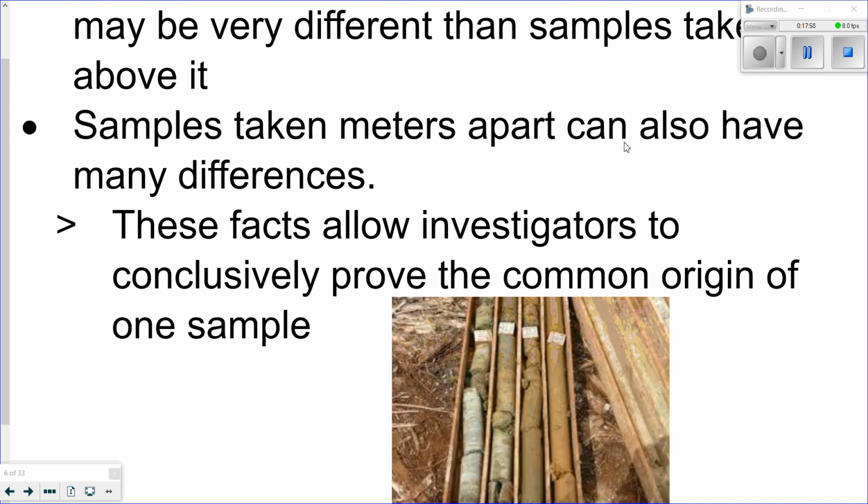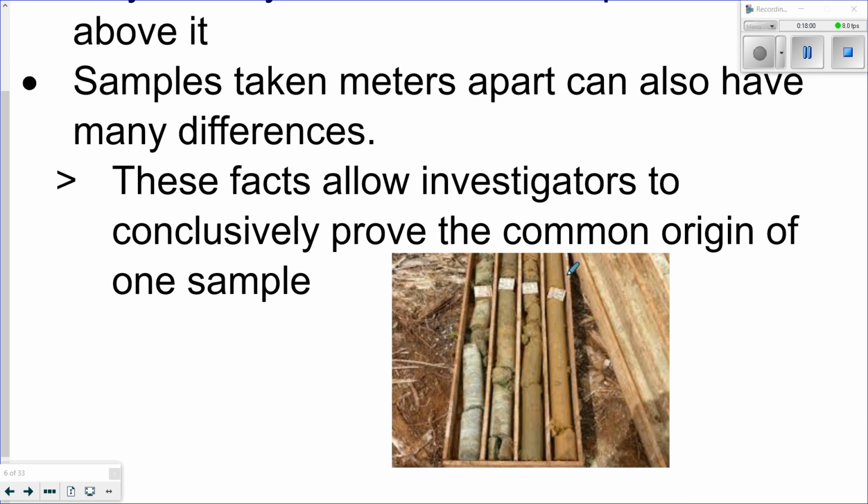So if you look at this picture down at the bottom, these are all soil cores that are taken from the same hole. It's just one is taken from closer to the top, and then it's taken from further underneath, and further underneath. So notice that this one all the way to the right is pretty much solid clay.